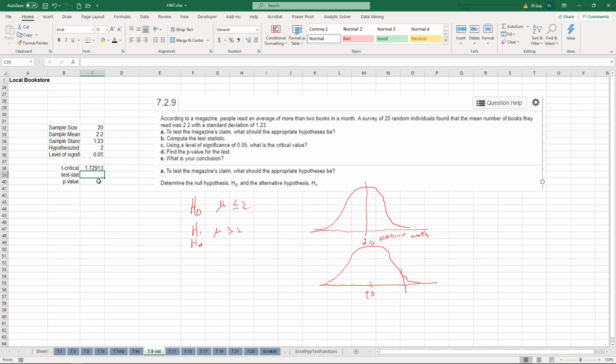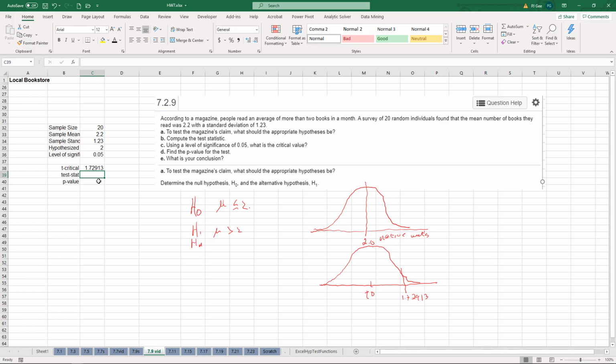It says 1.7293. So what's going to happen here is we're going to run our test statistic using the T. It's calculated almost the same as the Z. For the Z case, the test statistic is almost the same thing, but here we're going to use the sample standard deviation.